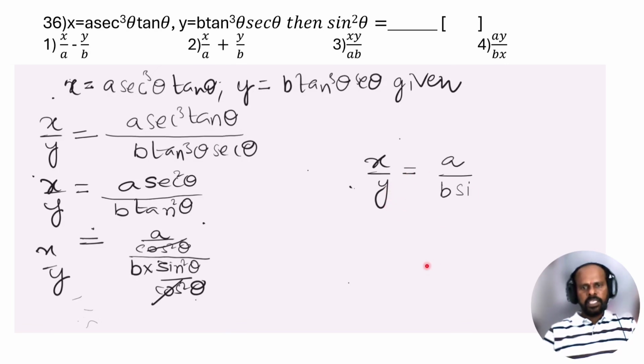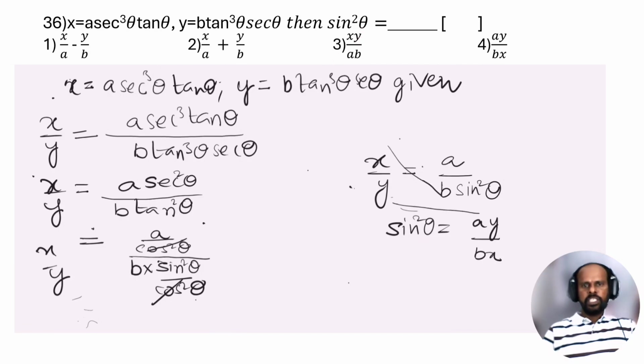We have to find the value of sin square theta. So sin square theta equals, take this side, the dividing quantity, and x by y take this side, it becomes y by x, b into x. So that is the value of sin square theta. Okay, now you see the option a, y by bx, that is the fourth.